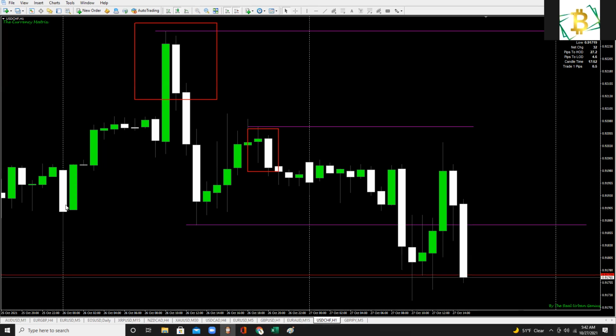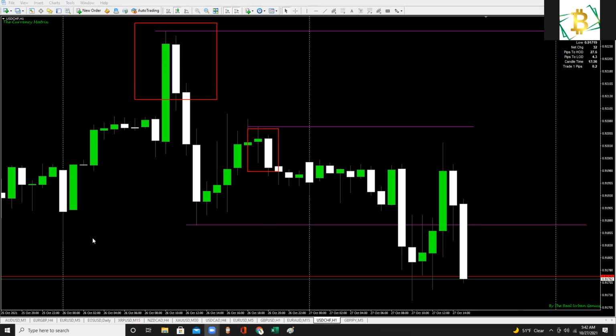So if you have a bullish trend in motion, don't expect to sell until you have a bearish candle that closes on that particular time frame. That makes sense?